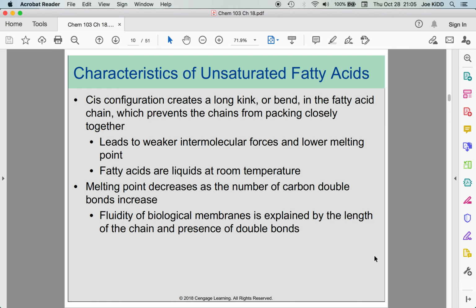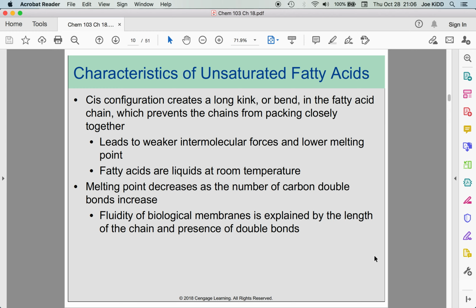Think also back to our Unit 1 stuff and things that you had from your Chem 100 days, where we're talking about intermolecular forces, like London dispersion forces, if we're talking about the hydrophobic tail. The less physical contact each tail can have with the other tails in the fatty acids that are stacking together, the weaker the intermolecular forces would be.